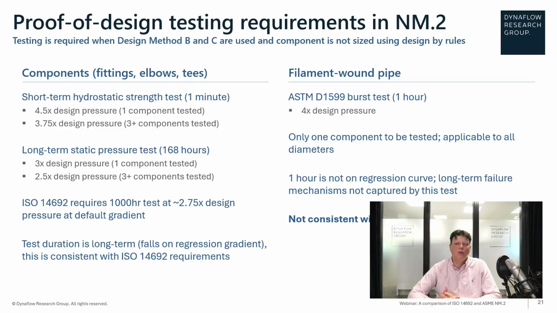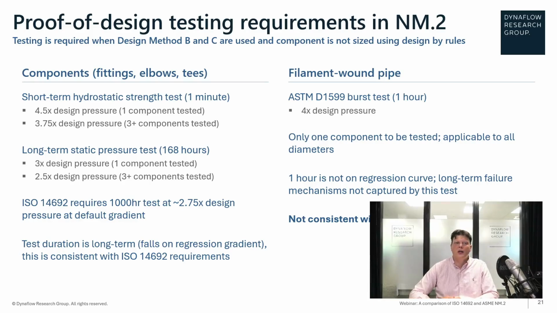So we find that this is pretty indicative of what the ISO does, and of course 168 hours is long term, so it falls on this regression gradient, typically considered more than 10 hours, and you've done a test now on a long-term failure mechanism, so we'd say this is quite consistent with the ISO requirements.